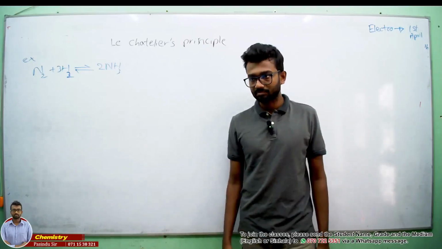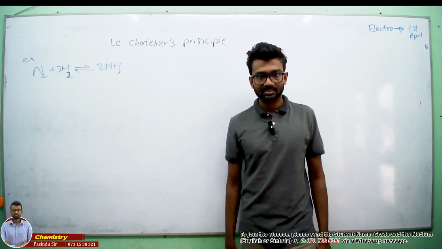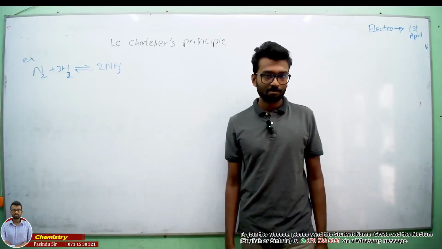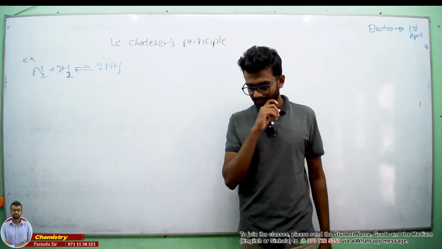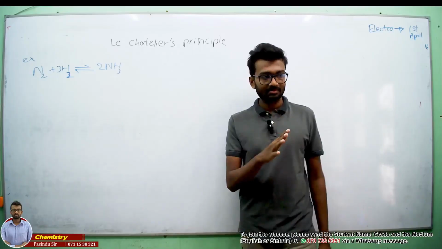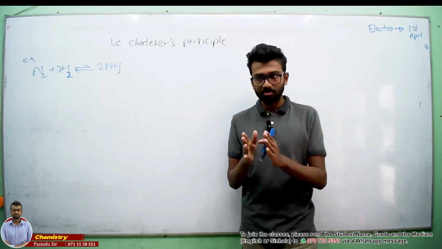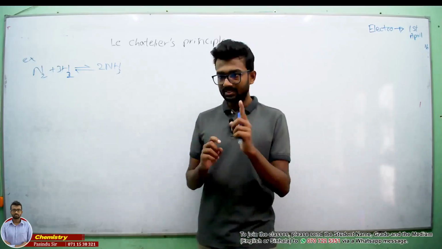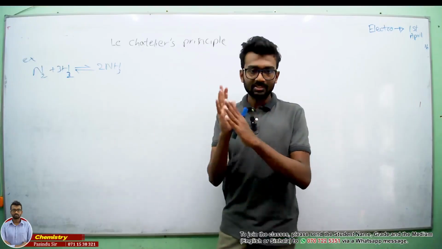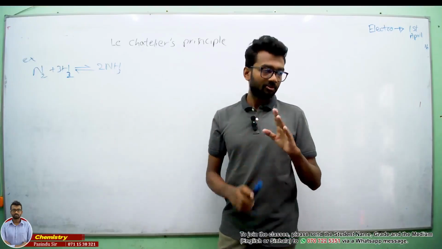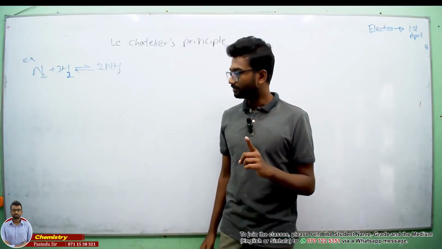When the reaction rate increases, the system goes to equilibrium very quickly. That means the speed of both reactions, forward and backward, will both increase, right? But it's not over.